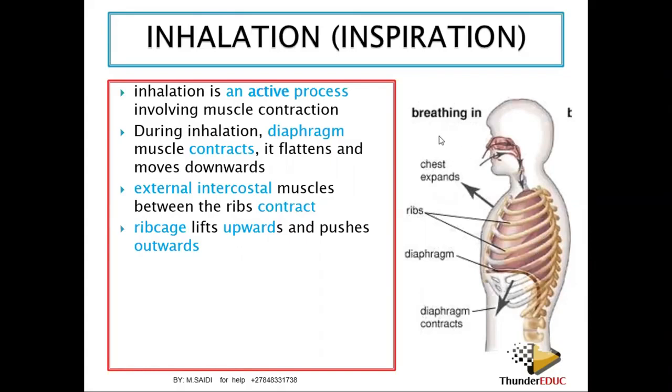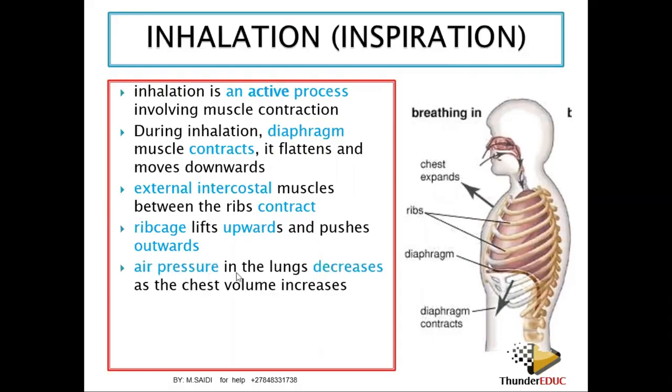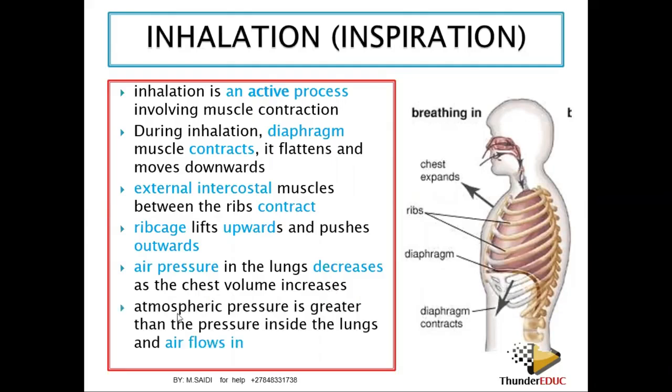The outside air pressure is greater than the pressure inside the lungs, because the air pressure in the lungs decreases as the chest volume increases. Then the air starts flowing into the lungs. That's basically what inhalation is, and exhalation is the opposite.